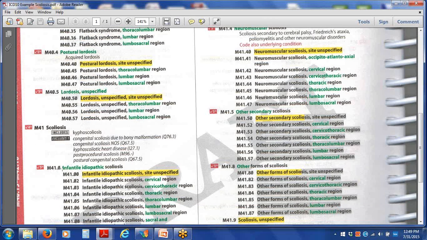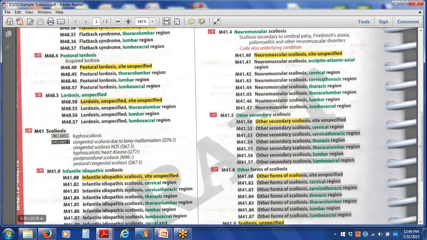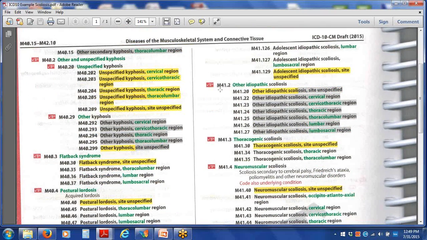It could be M41.0, M41.9, it could be M41.2, other idiopathic scoliosis. It's not a juvenile scoliosis. But now look, you come to this one and it says 5th, which means there's an even more specific code.